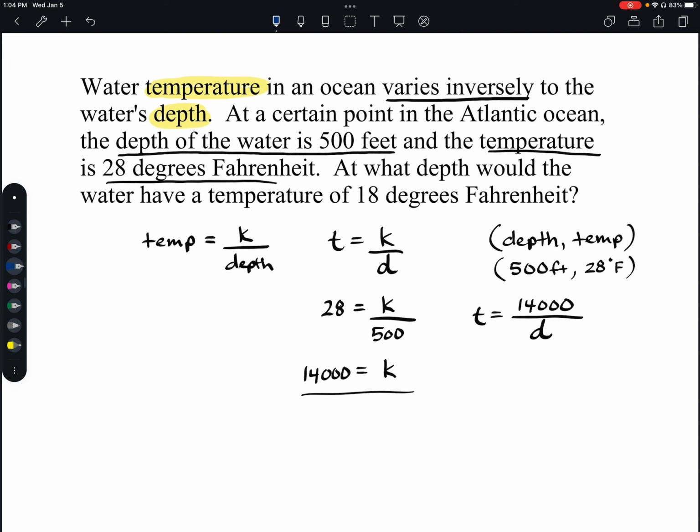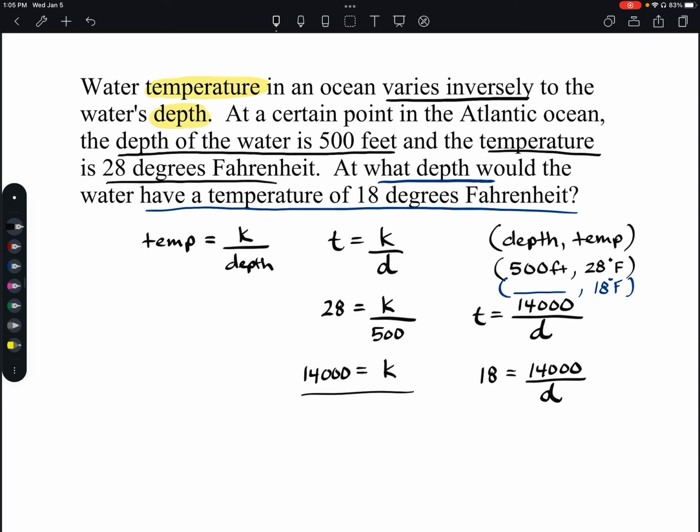The second part of our problem says, at what depth would the water have to be to have a temperature of 18 degrees Fahrenheit? So we're trying to figure out the number of feet. Let's substitute in what we can. 18 is going to equal 14,000 divided by D. Cross multiply, and you've got D equals 14,000 divided by 18.